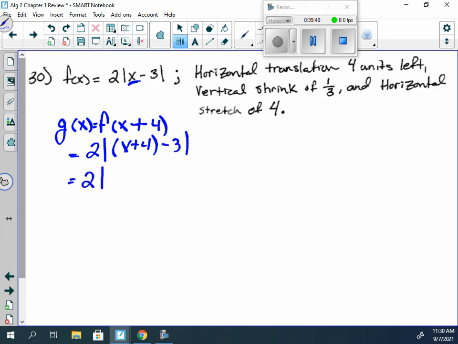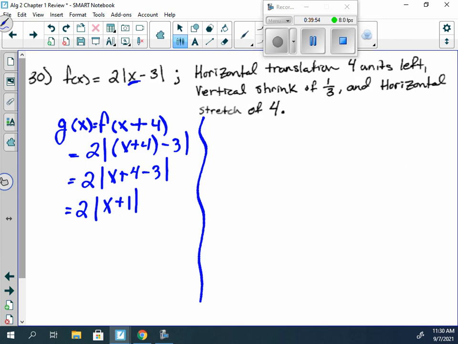Well, we can drop the parentheses, which would just be x plus 4 minus 3. 4 minus 3 is positive 1. So we did the horizontal translation 4 units to the left, yes?